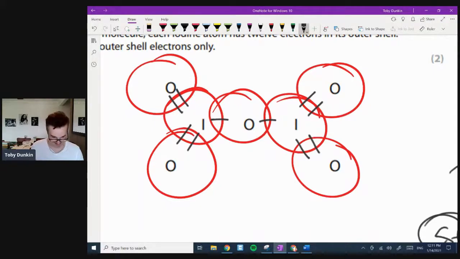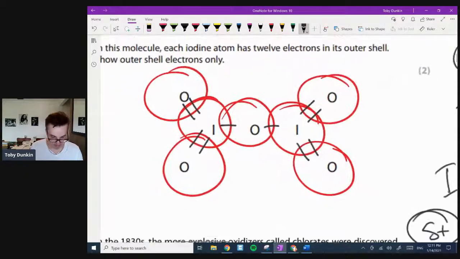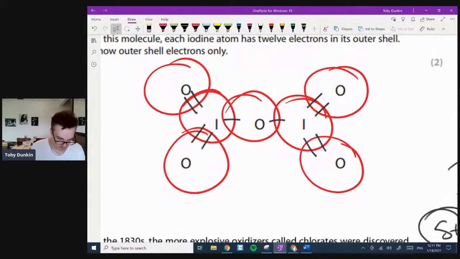Winner! Right. So now what we can do is we can fill in the gaps. 1, 2, no datives either. Each oxygen is making 2. Make all the oxygens add up to 8. Oxygen always has 8.